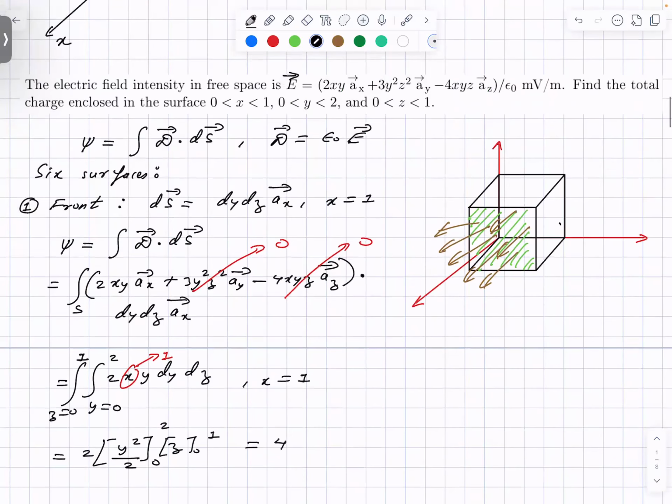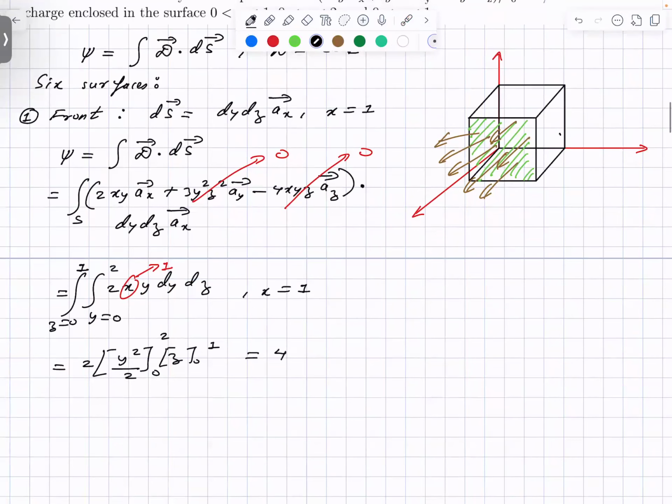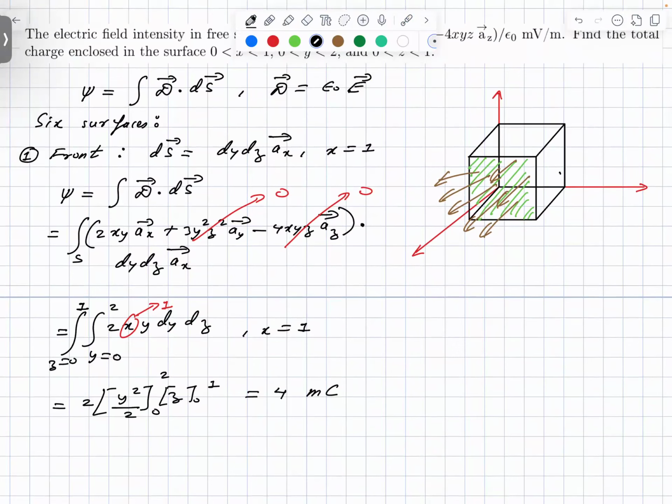And the unit: what we were given is that the unit for the electric field intensity is millivolts per meter. So we have to multiply everything by 10 to the minus 3, or we can just say that this flux is equal to 4 millicoulomb. That's one surface. Now, any question about this part?